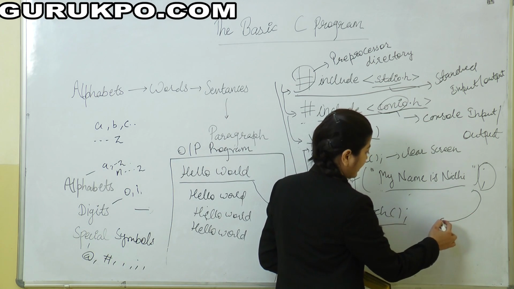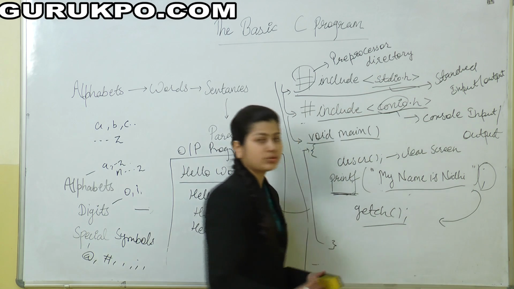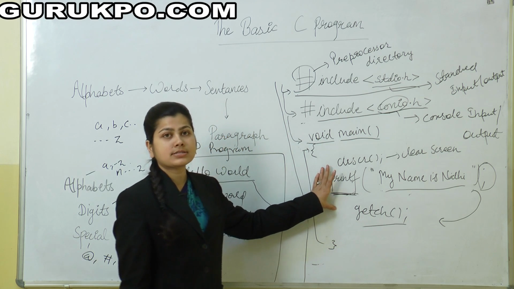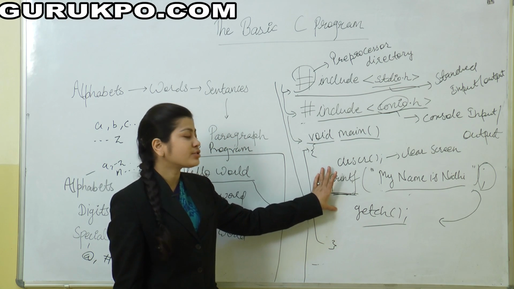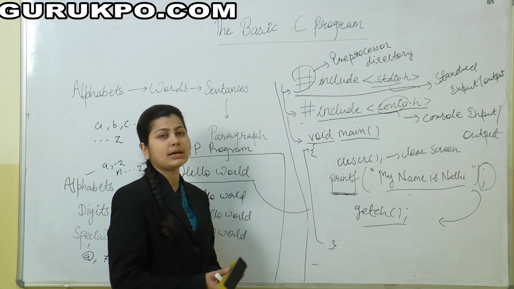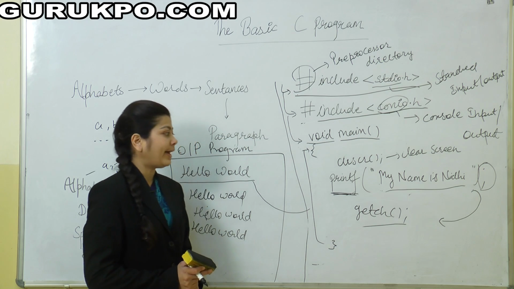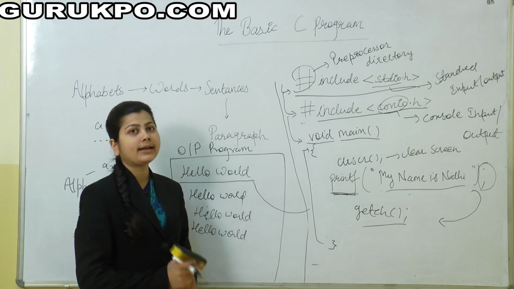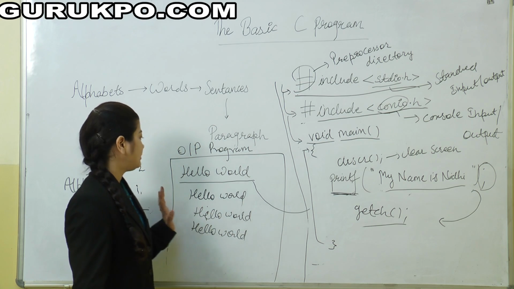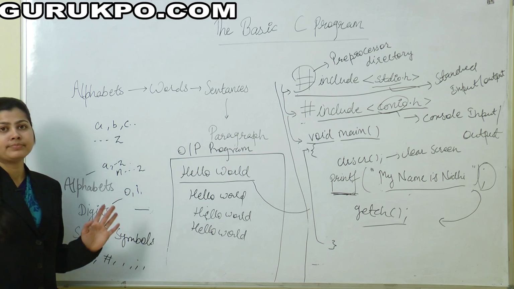The control comes to the next line because the role of the semicolon in C is to end the line. So when the compiler finds the semicolon, it understands that the statement has ended, and the control comes to the next line. So this is the basic C program.